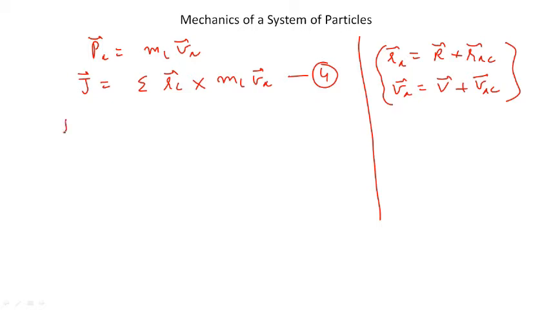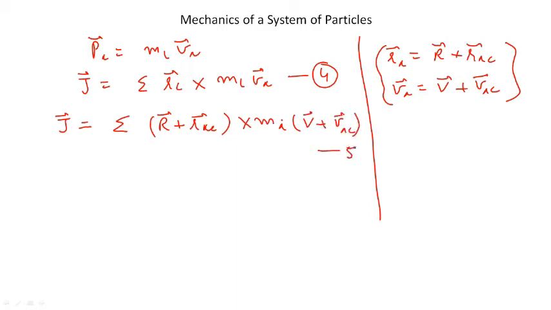Now your total angular momentum becomes J is equal to sigma of R plus R_iC cross m_i times V plus V_iC. Let us say it is equation number 5.